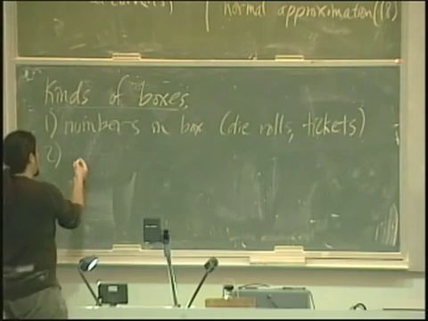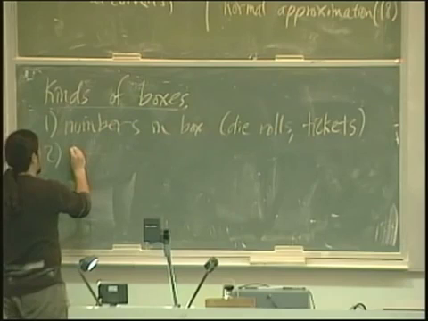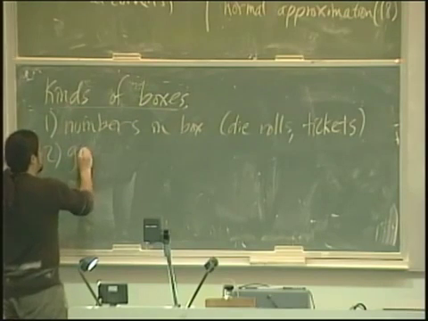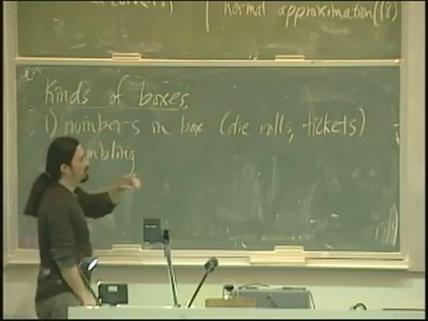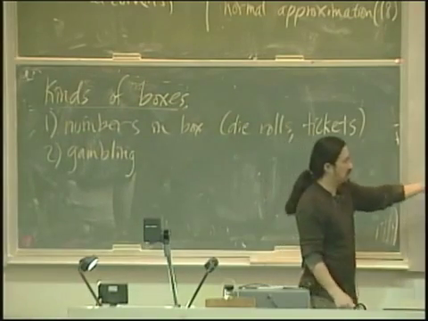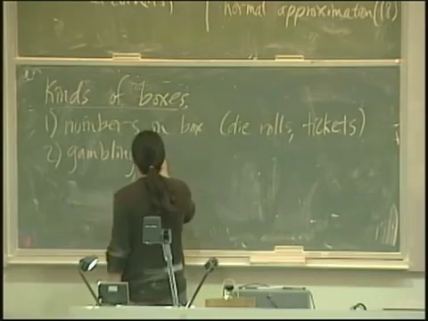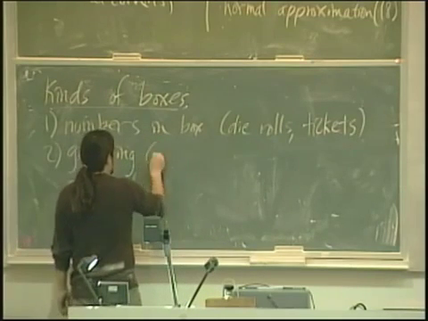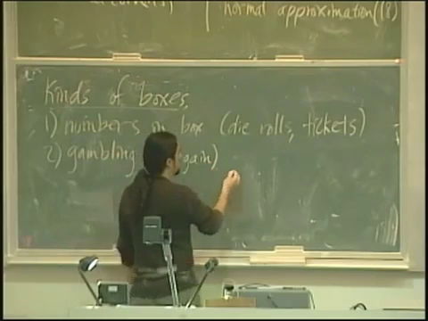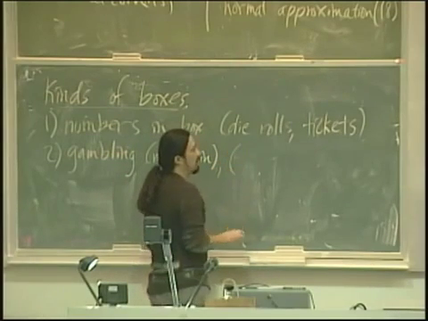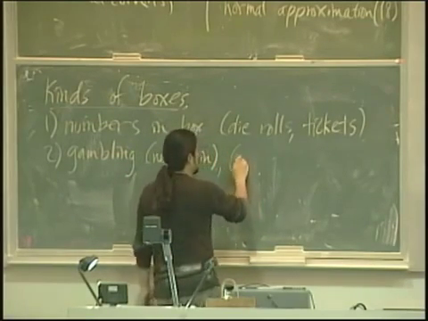You have a lot of problems that deal with gambling where you're talking about net gain. The net gain is like the sum of a bunch of wins and losses. So the numbers on the tickets represent dollar amounts.